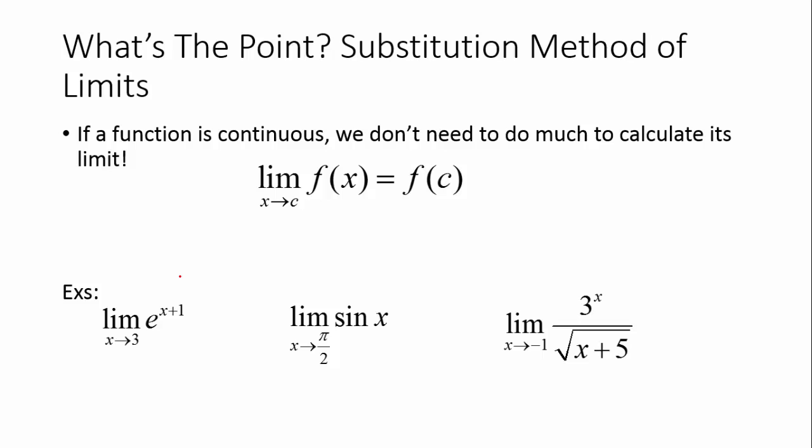Why do we have to go through all of this rigor in proving that a function is continuous? What does it help us with? And it's right here. It helps us make most limits a piece of cake. The point is, if a function is continuous, all we have to do to calculate its limit at a point in which it's continuous is just plug in the limit value for x.